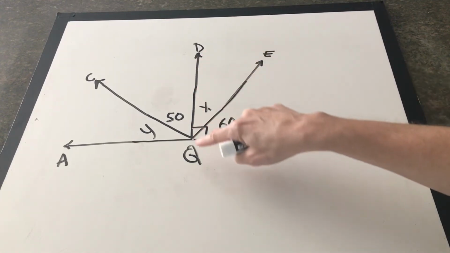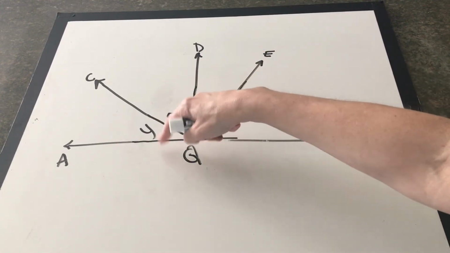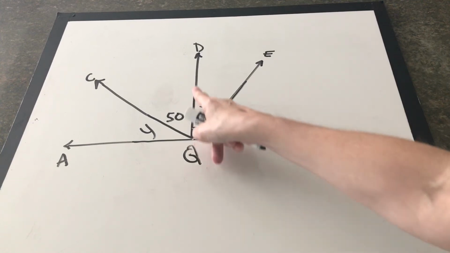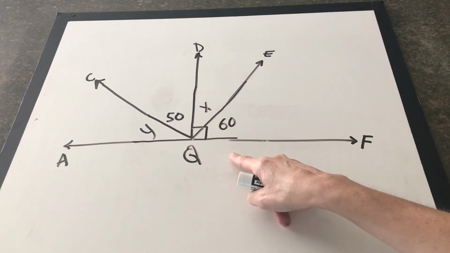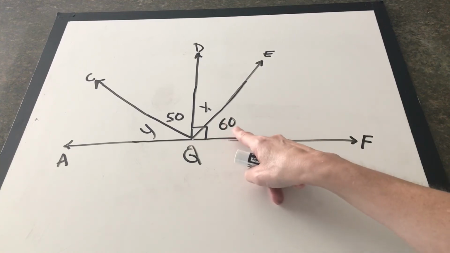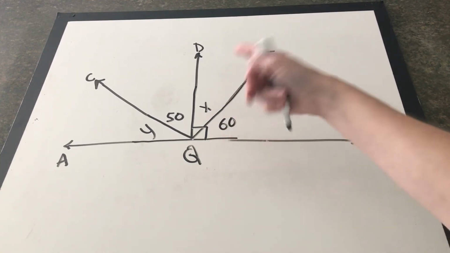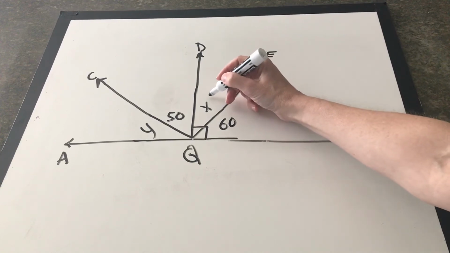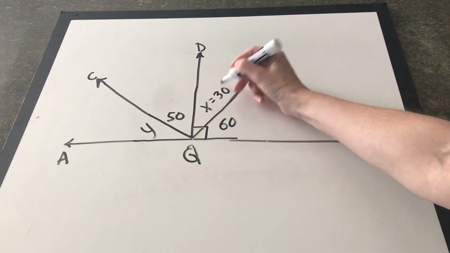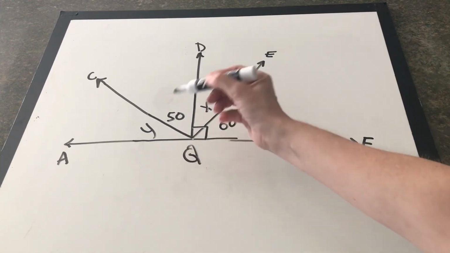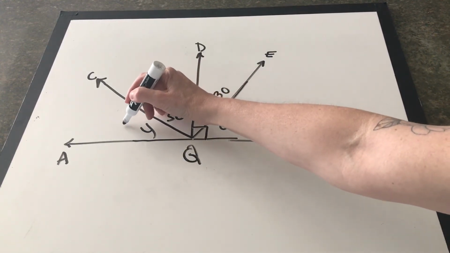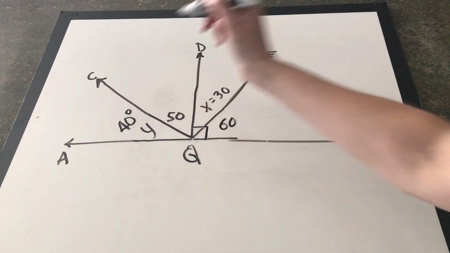And DQA would be another 90 degrees because this is a perpendicular line which makes two right angles, right? So then this would have to be 60 plus something that would equal 90. So X has to be 30. And this would be 50 plus something that would equal another 90. And so Y would have to be 40 degrees.